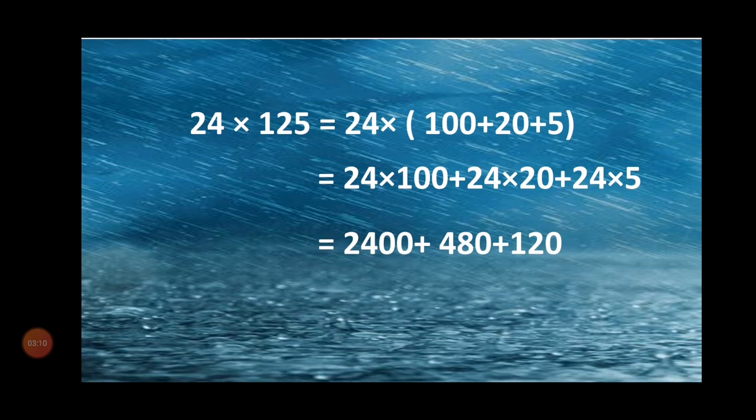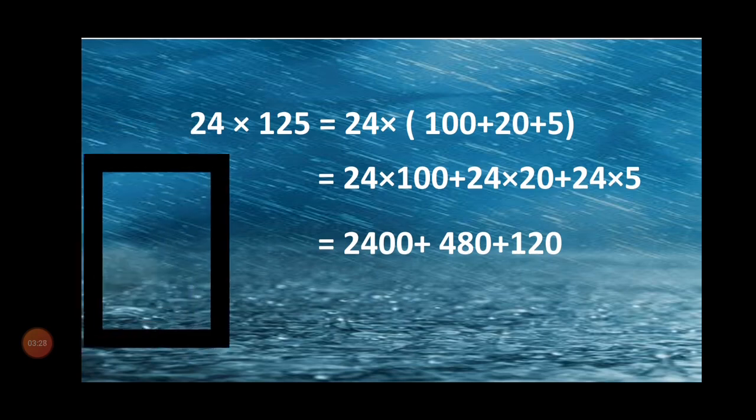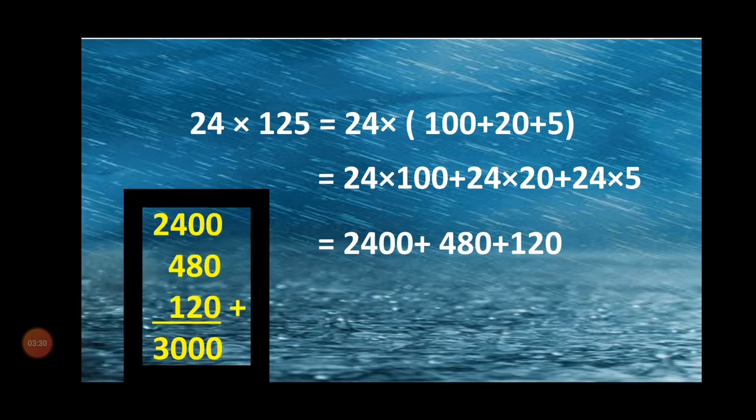Only 1 zero. So write it with the number, 480. Plus 24 into 5, how much? 120. Now we want to add all the values. We get the final answer. 2400 plus 480 plus 120. While adding, how much do we get here? 3000. So that is the answer here.